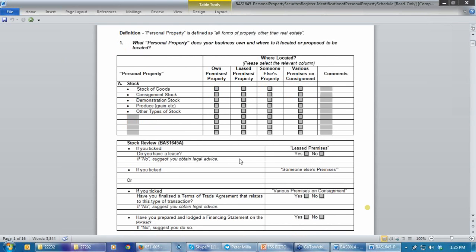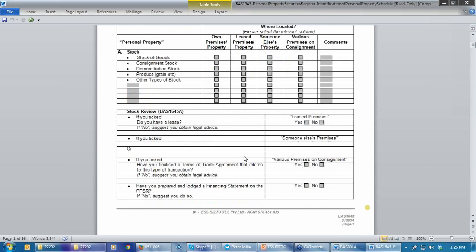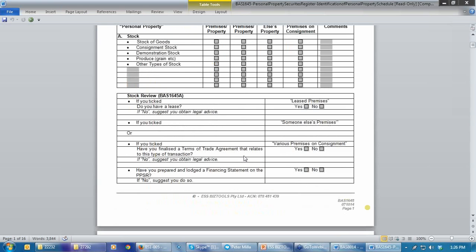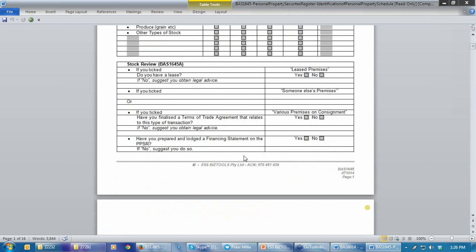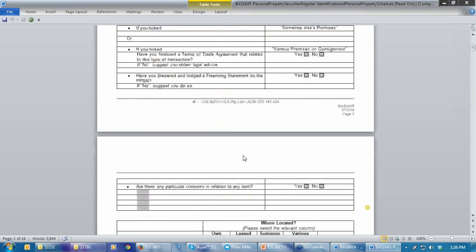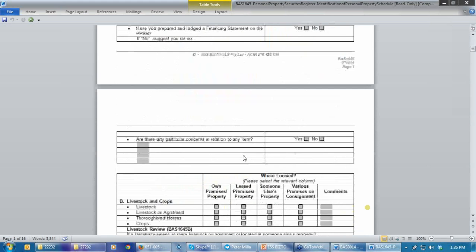So instead of just calling it stock, we've dissected it then into consignment stock. Sometimes the client might forget to tell you they've got consignment stock, or demonstration stock that's situated somewhere around the countryside. And the key question then is, have they entered into any sort of trade agreement or retention of title agreement, and were they drafted after January 2012?